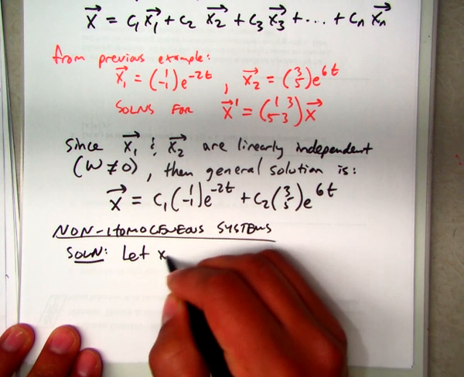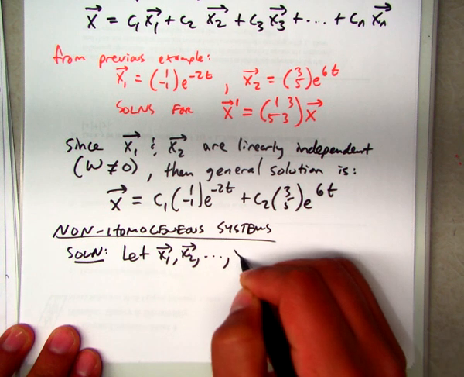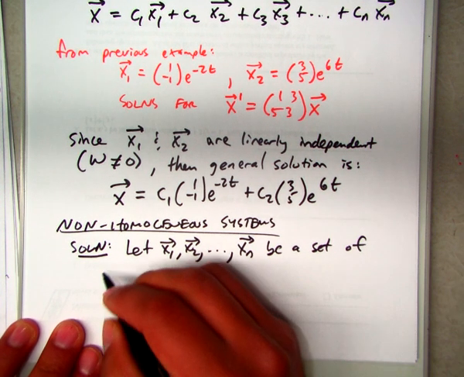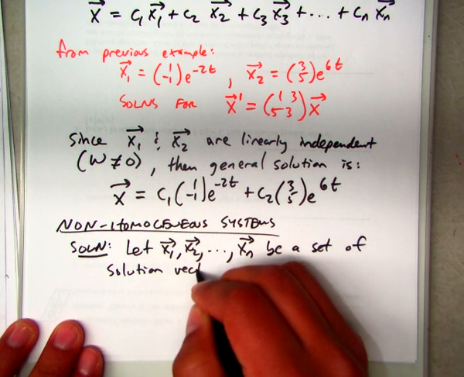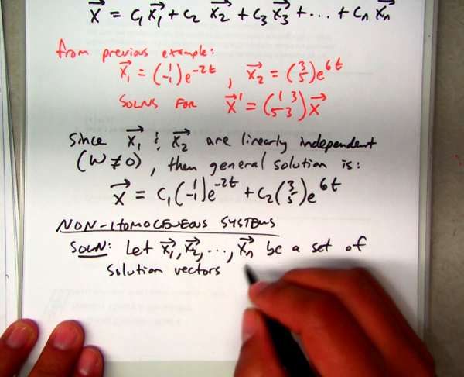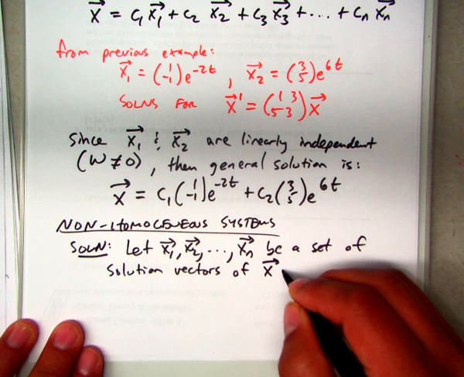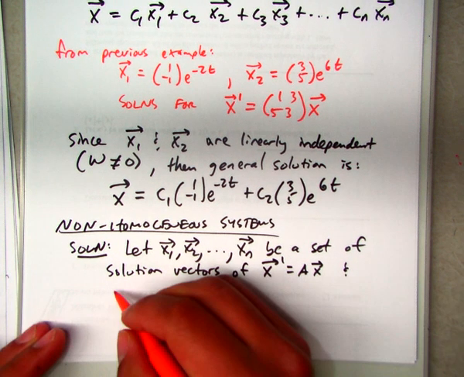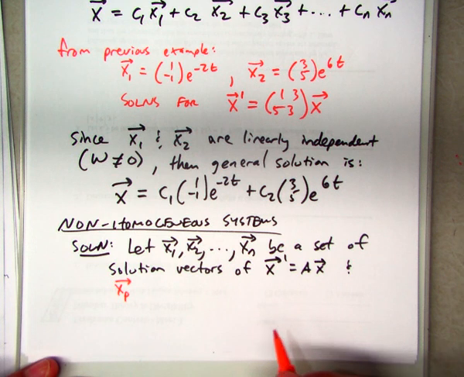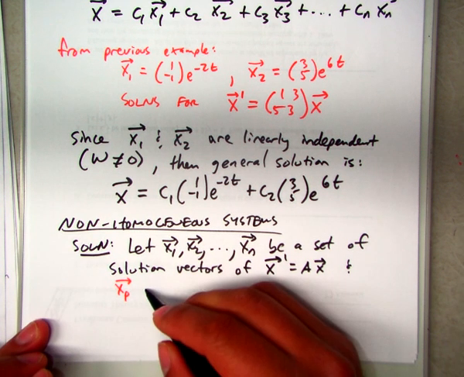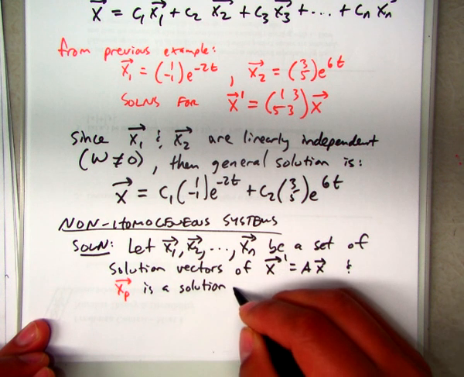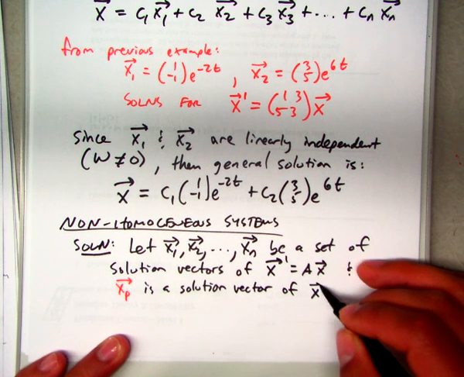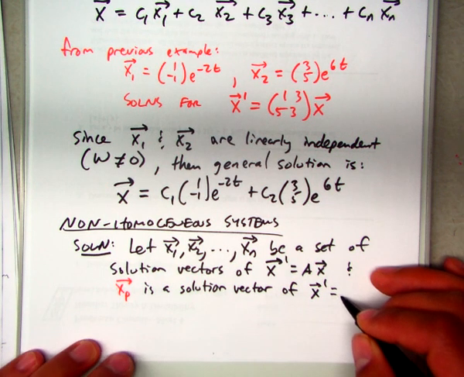We let x1, x2, and so on, up through x sub n, be a set of solution vectors of x prime equal to Ax, and we're going to introduce x sub p, another solution vector, but it's the solution vector of x prime equal to Ax plus f.